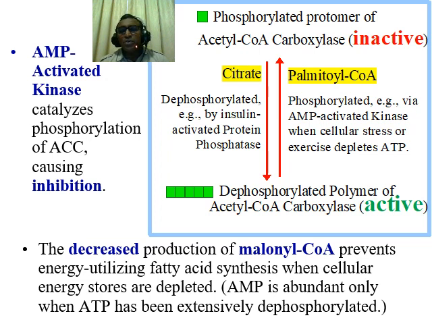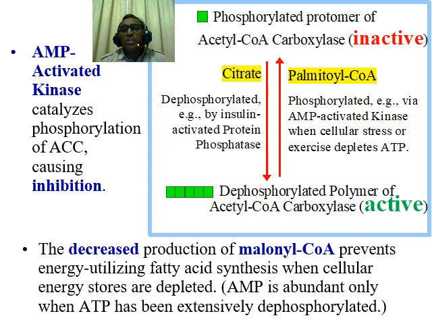Therefore, to allow the acetyl coenzyme not to come into citric acid cycle, citrate will go and activate this ACC, therefore channeling or taking all the acetyl coenzyme to become fatty acid instead.